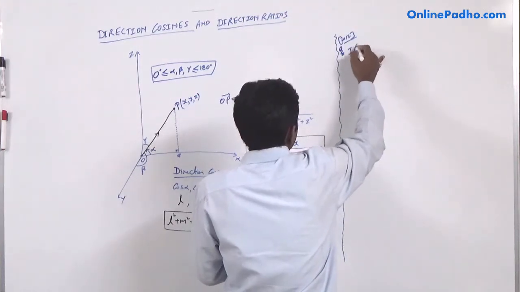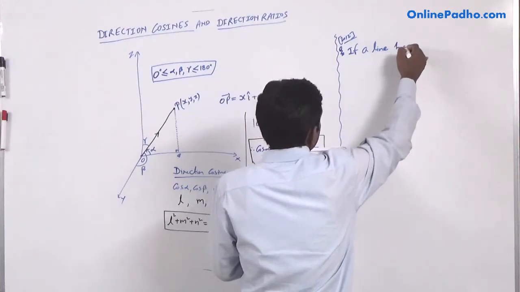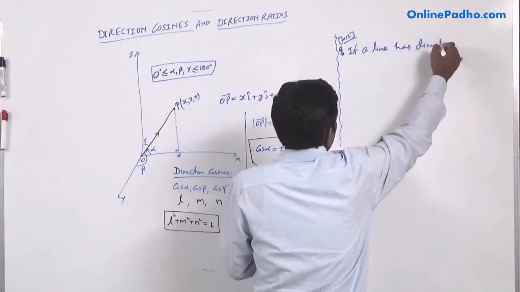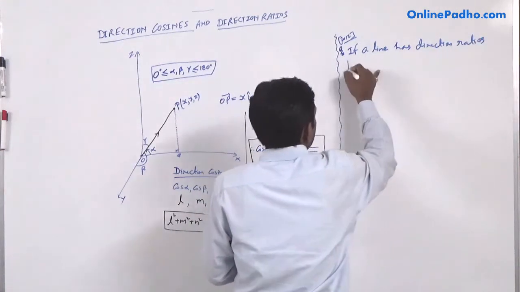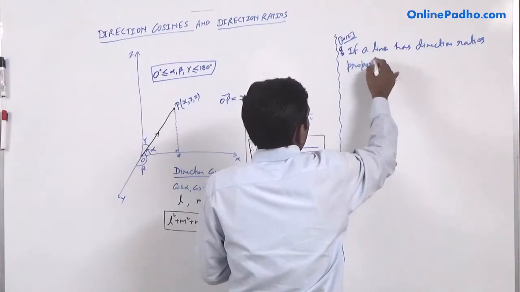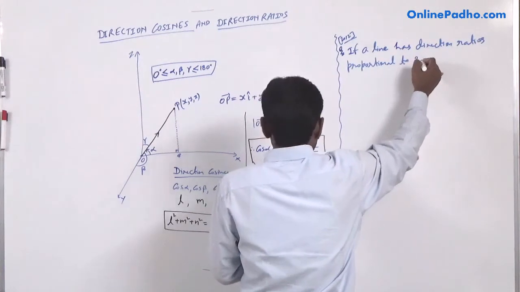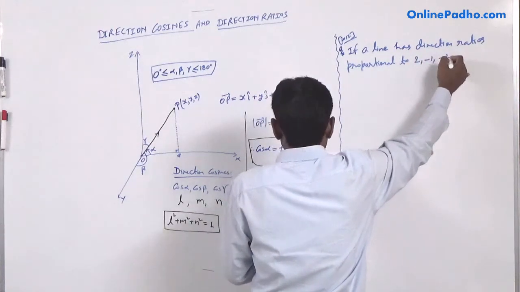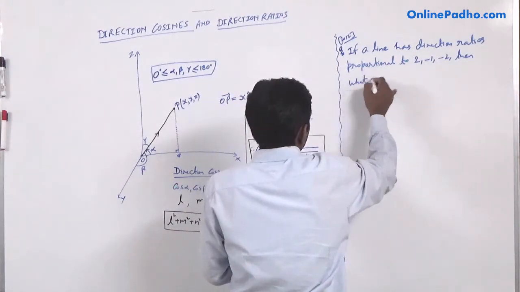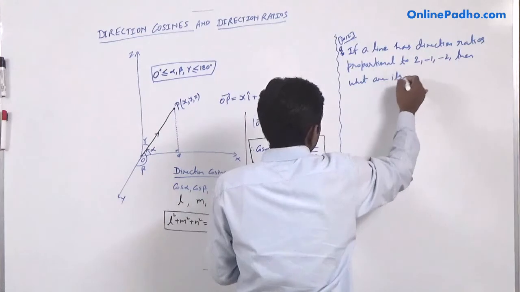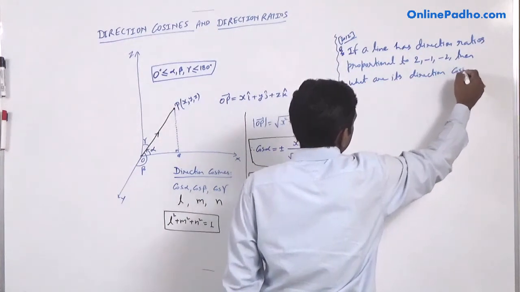If a line has direction ratios proportional to 2, minus 1, minus 2, then what are its direction cosines?